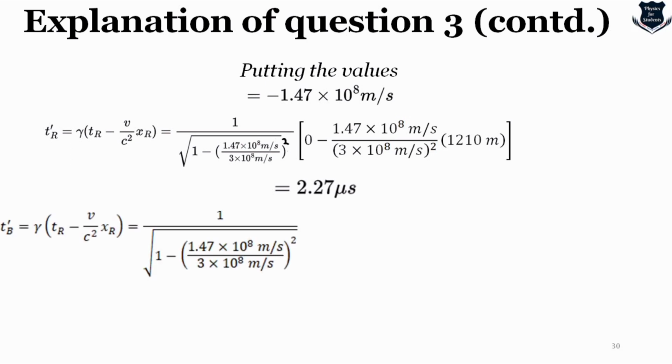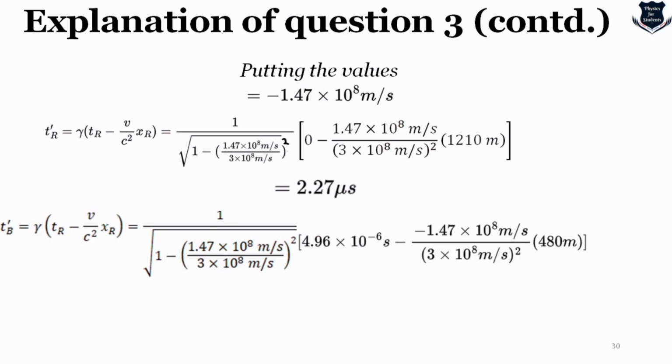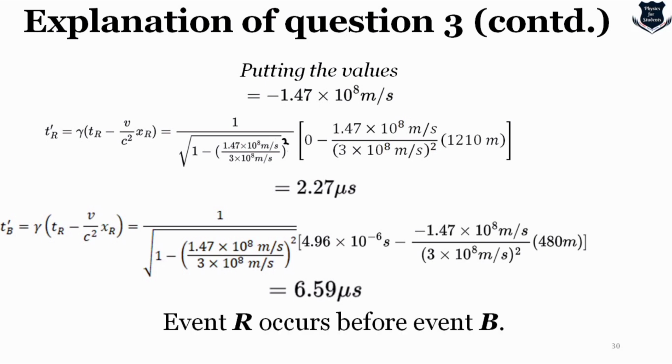Again t prime b, because it is the B frame of reference, multiplied out gives 6.59 microseconds. Ultimately here also we see that event R occurs before event B, because the value for R is 2.27, which means it happens earlier, but the value for B is 6.59. So the catch of this problem is that first it was negative, so that is why it happens earlier. Here it is positive, but comparing the two values we get R occurring before event B.